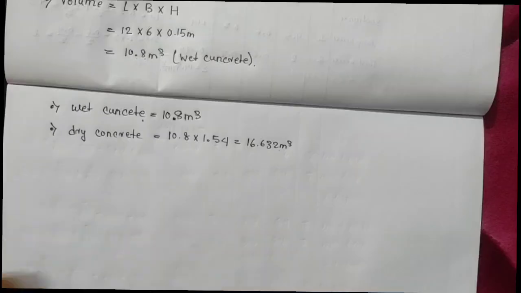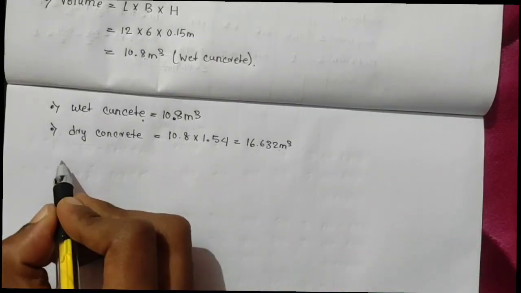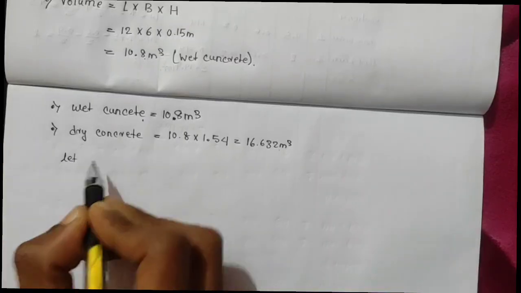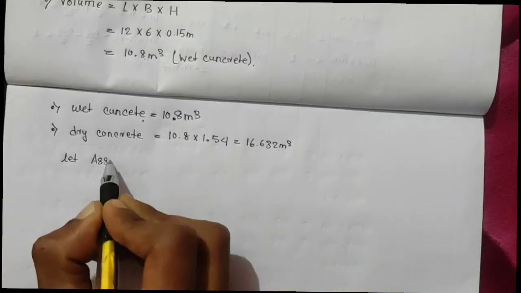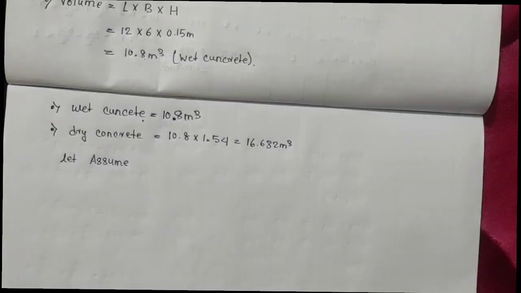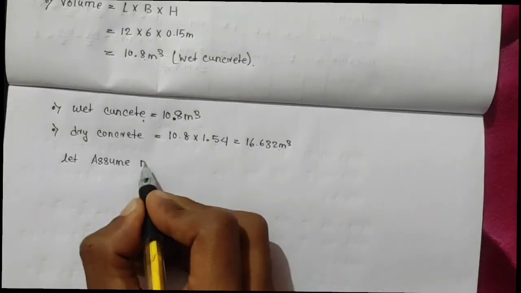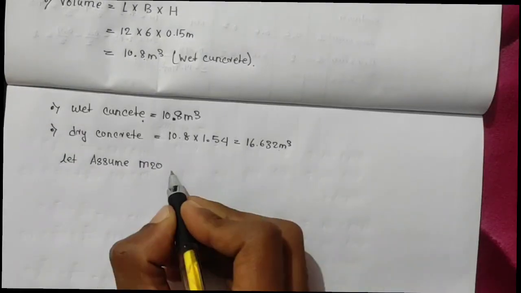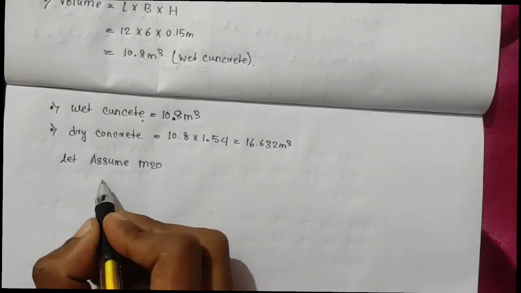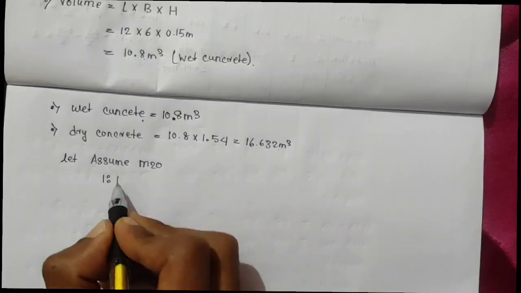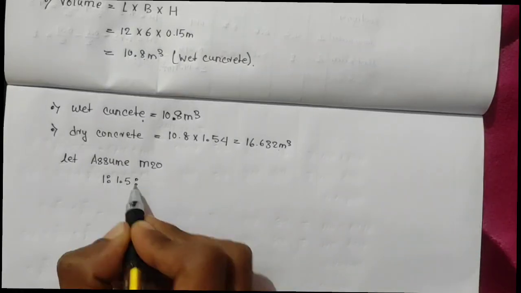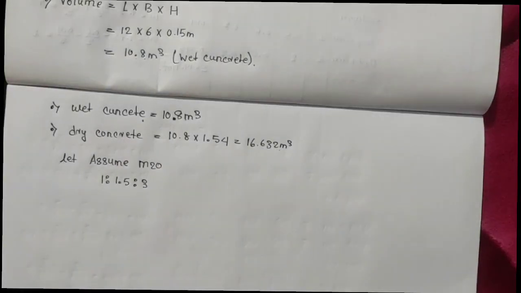Now we have to calculate the quantity of each material. Let's assume M20 mixed proportion. We know the ratio is 1:1.5:3 for M20 grade.